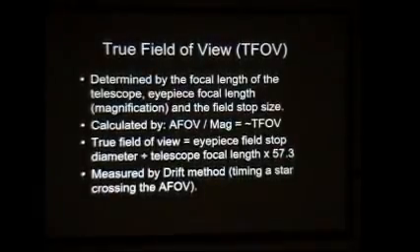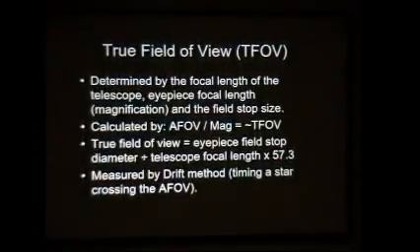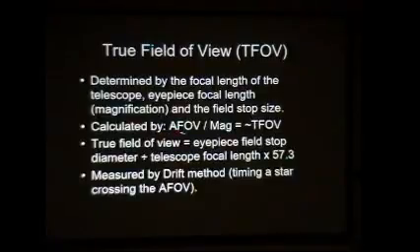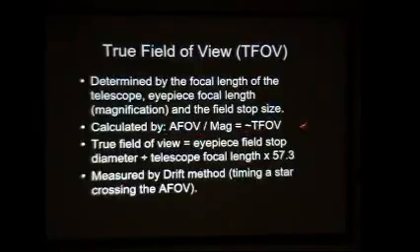Now, there are a few formulas here, but I think the easiest way to remember how to grab what you're looking at is through something like this. Remember, it's a relationship between the size of the true field of view and magnification and apparent field of view.